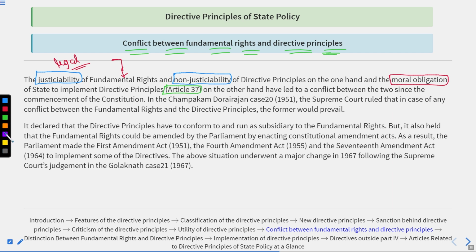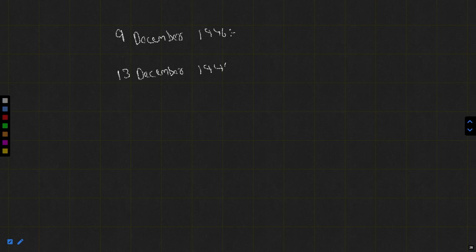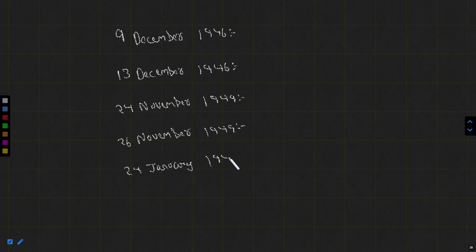On which date was the Constitution commenced? Now here is a revision test for you all. 9 December 1946. 13 December 1946. 24th November 1949. 26th November 1949. 24th January 1950. 26th January 1950.